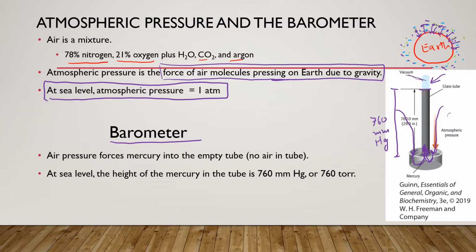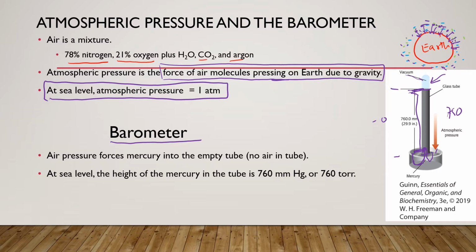If the barometer is exposed to lower pressure, such as up on the mountain, then of course the mercury will not rise all the way up to 760 millimeters. It may rise slightly less, maybe 750, and so on. So depending on how much the pressure is outside, the rise of mercury in the tube will tell us the pressure of that area.